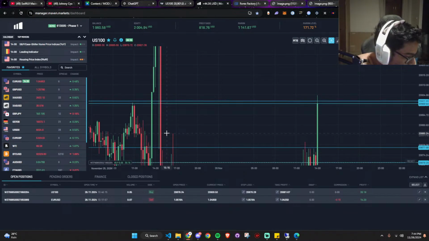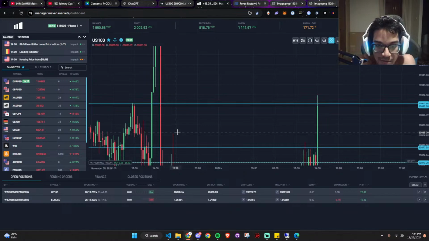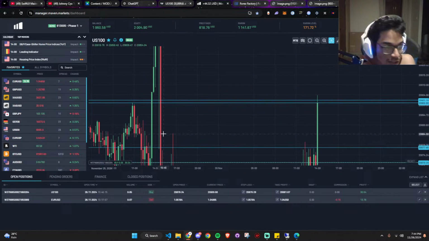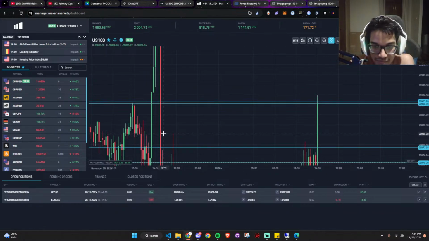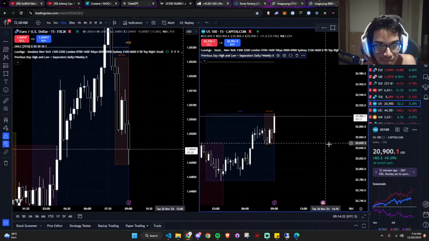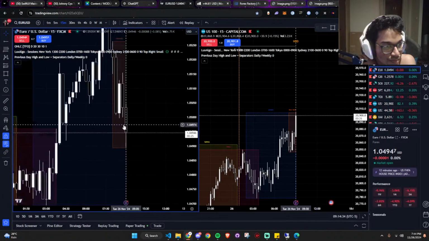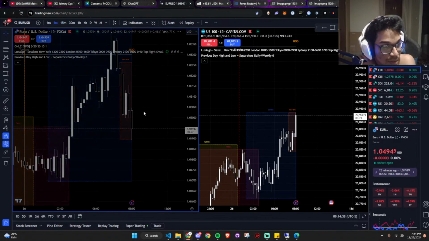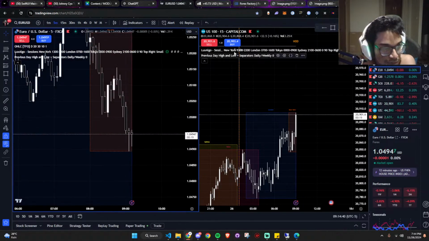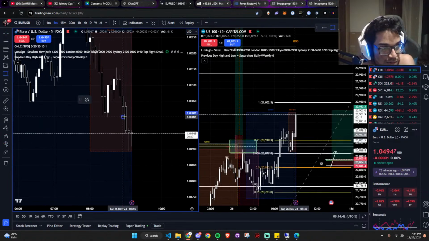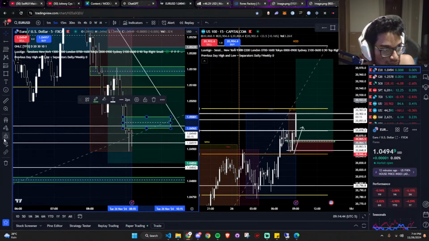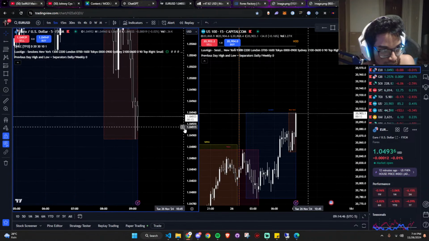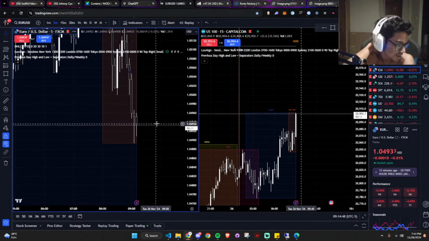A lot of liquidity. A lot of momentum. Look at that. It's not sweeping this. A lot of displacement. It's rejecting this level a bit. It's an inverse value gap here. So let's see how it holds. See if it retests.